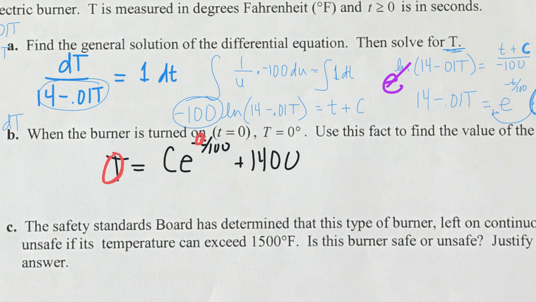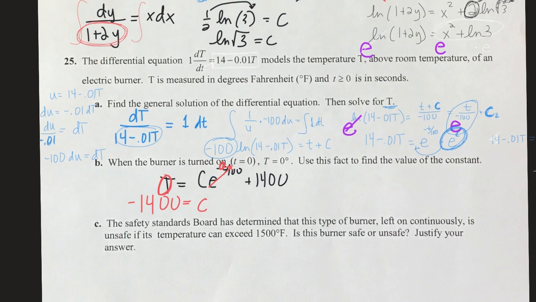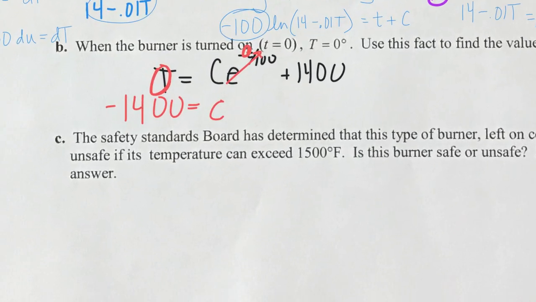This one is basically going to be e to the 0, so that's 1c. So the e part is gone, and c is negative 1400. So now we have the value of the constant.